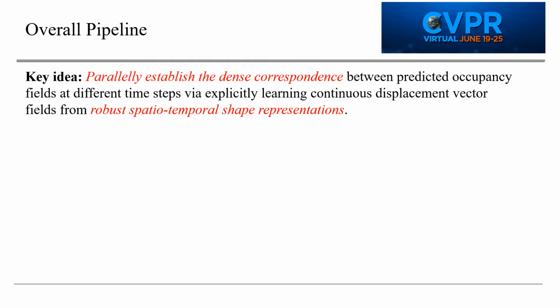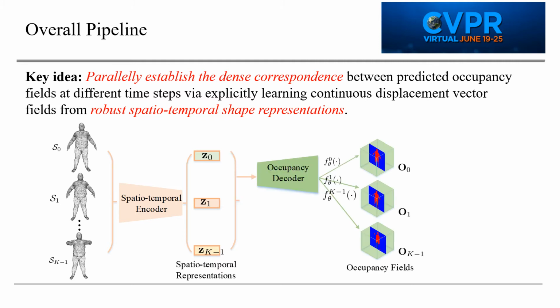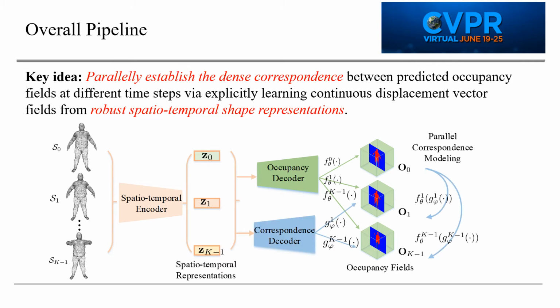We first pass the input into a spatio-temporal encoder to extract latent representations, and then the representations go through the occupancy decoder to predict the occupancy fields in each frame. Finally, the correspondence decoder is used to parallelly model the correspondence between O0 and OK.